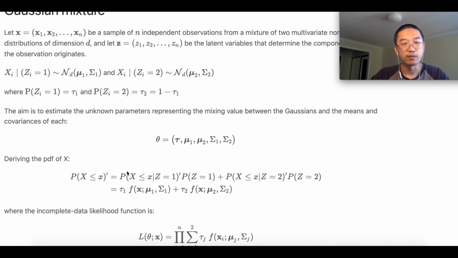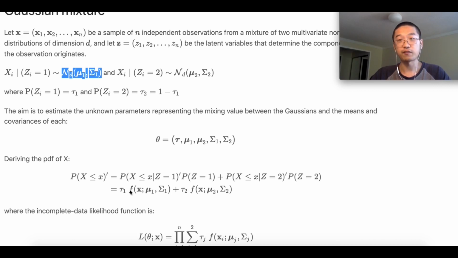And when we take the derivative of the conditional distribution, how do we get that? We know that when z equals 1, this x is from this normal distribution, this Gaussian distribution. So the PDF of this Gaussian distribution is f.